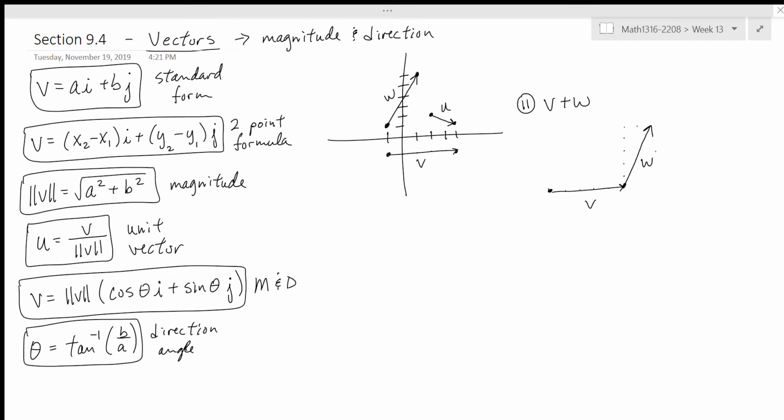You got it? Now, since we're doing vector addition, this vector is going to represent V plus W. That vector is V plus W. So if we wanted to, we could say that V plus W is going to go over 7 and up 5.